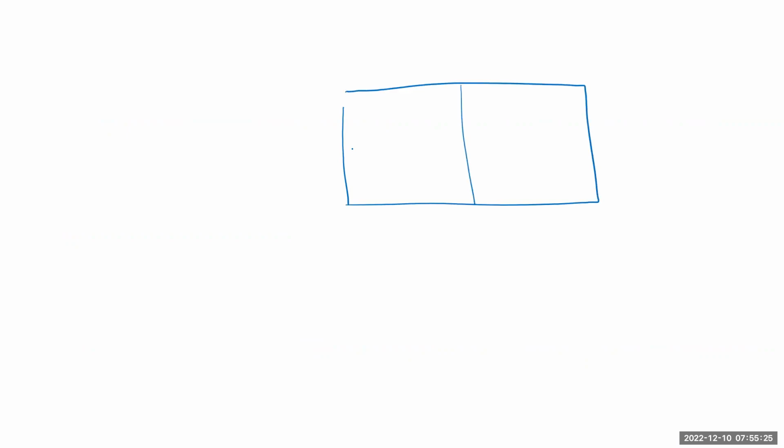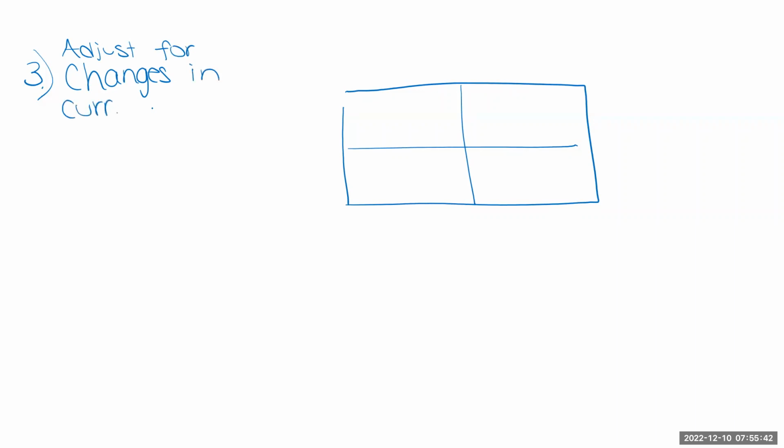The popular one is the journal entry method, but I'm going to show you the table that I like to use. This helps you understand how to make your adjustments for changes in current liability and current asset accounts. This is for the third adjustment: changes in current assets and current liabilities.